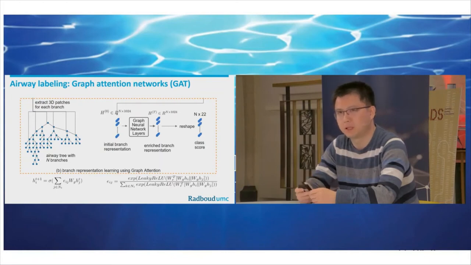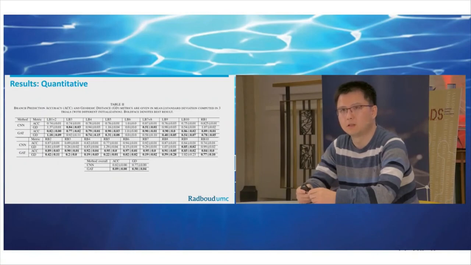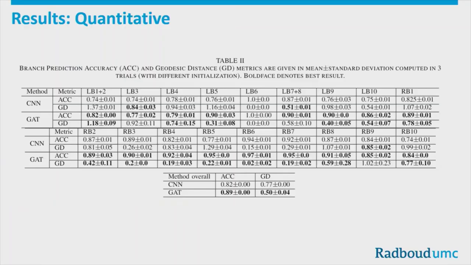This is maybe some add-on to these slides. Here we show the quantitative results, comparing 2 different approaches. One approach is using branch features learned by the convolutional network. Another is using branch features learned by the graph attention network in classification of airway branches. Two metrics are used in this study.